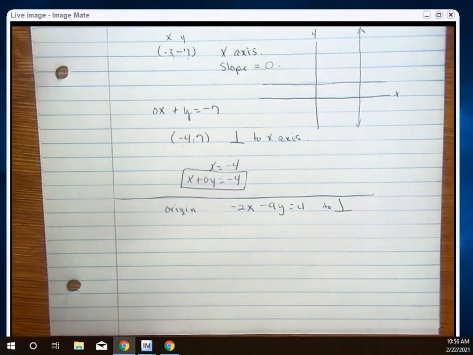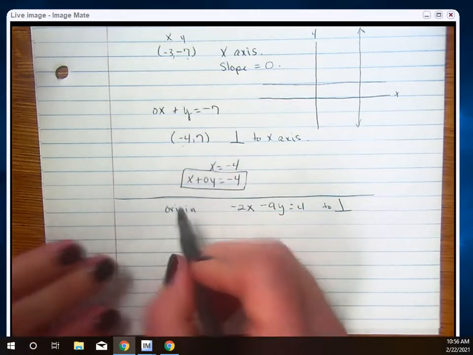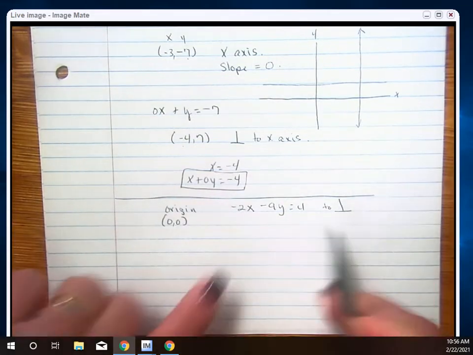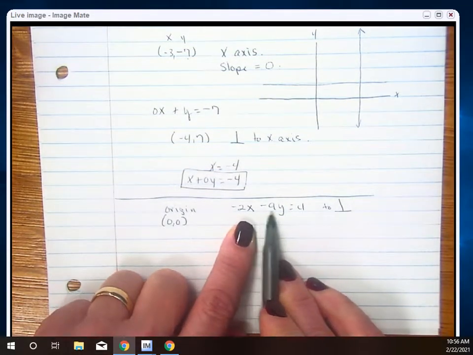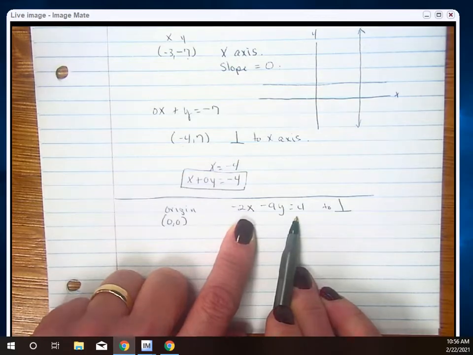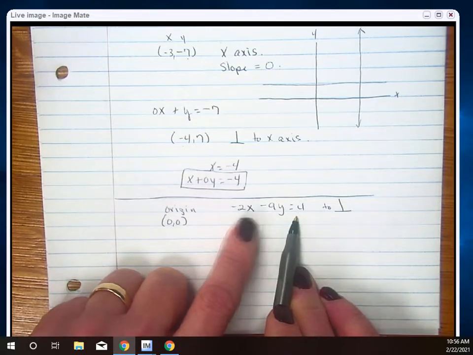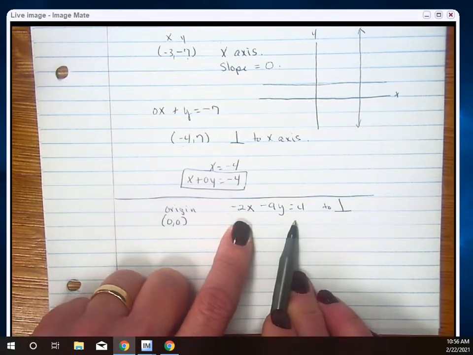What point is the origin? 0, 0. This equation, -2x minus 9y equals 4, is in standard form. If I have to have an equation perpendicular to this one, I have to know the slope of this line. How do I find the slope of the given equation?